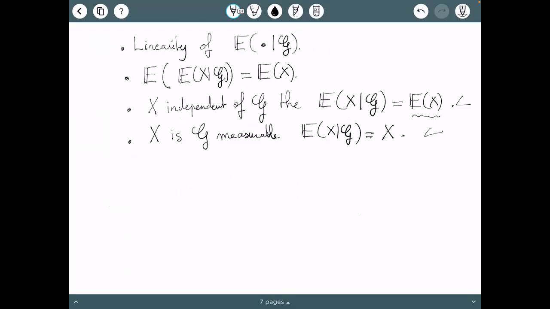And the last one is very important. It is the tower property of the conditional expectation.